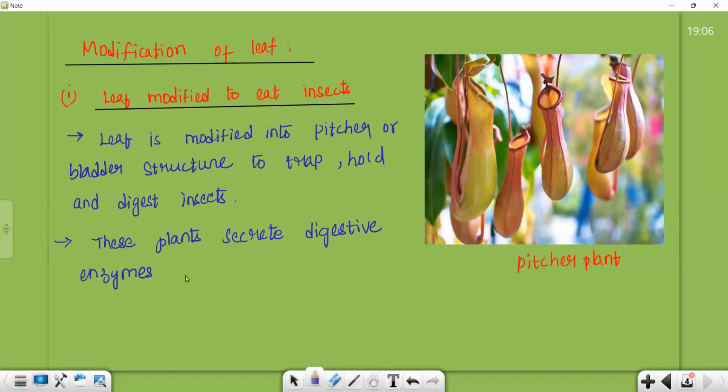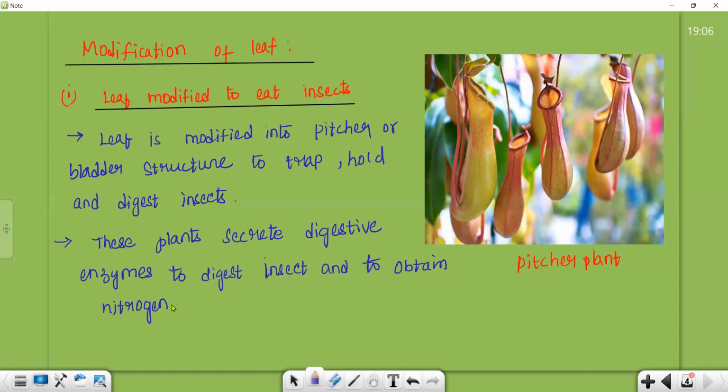So these plants secrete digestive enzymes to digest the insect and to obtain nitrogen from the insects. Yes, to obtain nitrogen.